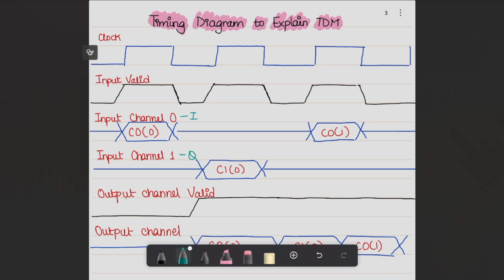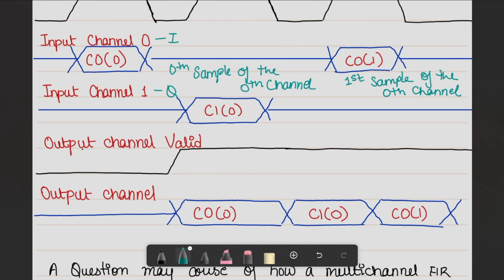I have three valid inputs, which is C00 or the 0th sample of the 0th channel. Then I have C01, which is the first sample of the 0th channel. Next, I have a second input channel which is named channel 1.